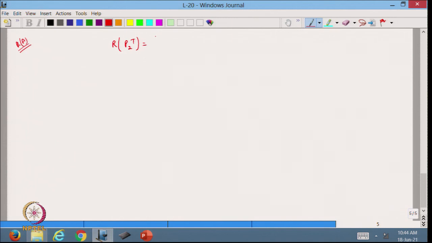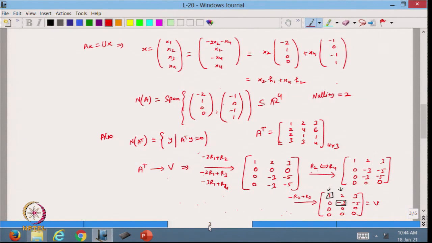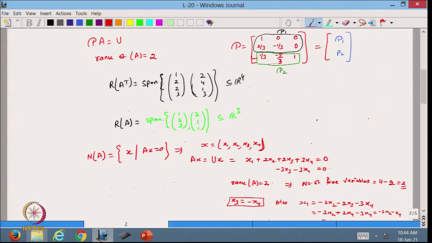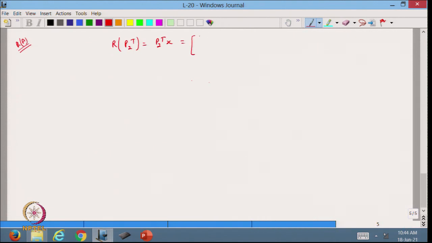That is equal to the set of all P2 transpose x.